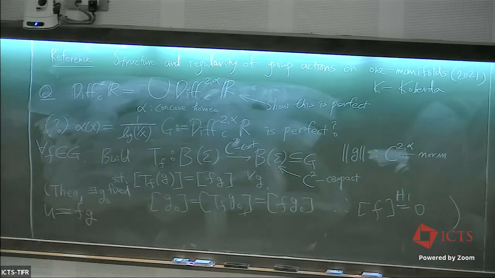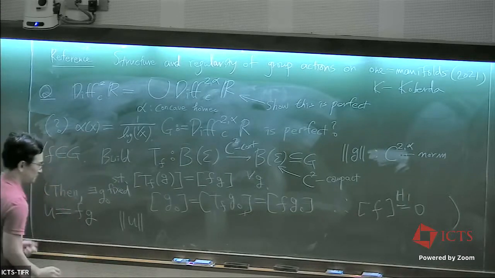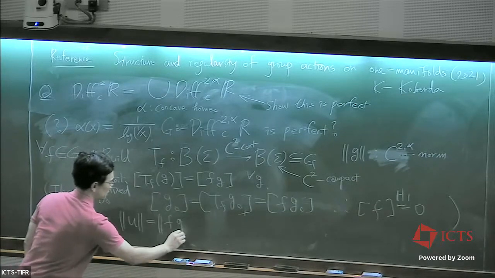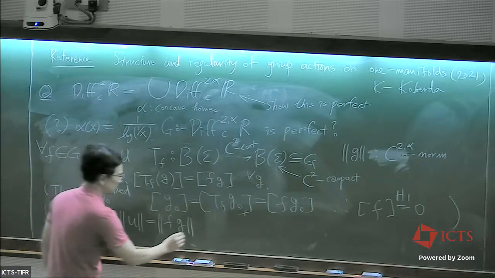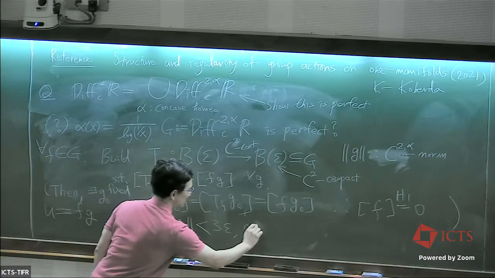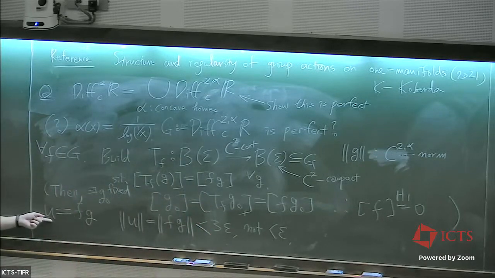But this will fail by the triangle inequality, because if you take the norm, there might be some error term, but you can show that this is less than 3 epsilon, but not less than epsilon. So you cannot define T_F of G as this. You have to do some manipulation so that the H1 class is not changing, but still the norm decreases.